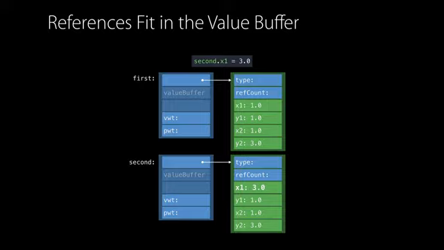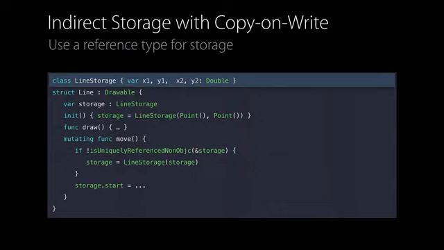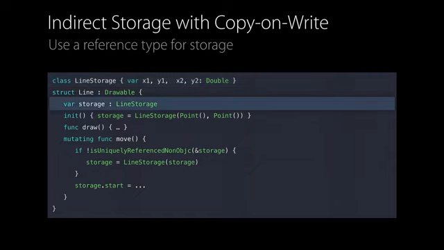Okay, let's take a look at how we can do this for our line. Instead of directly implementing the storage inside of our line, we create a class called LineStorage that has all the fields of our line struct. And then our line struct references the storage, and whenever we want to read a value, we'll just read the value inside of that storage.